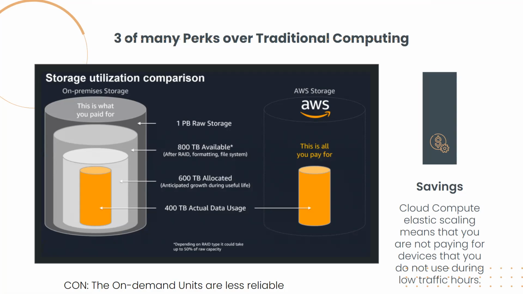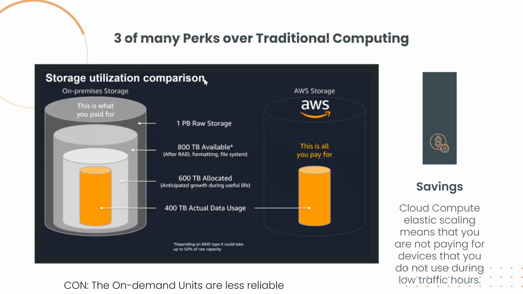You may have to pay higher prices in high usage hours for using AWS, but this is a small con considering the fact that even with these high prices during high demand hours, you're still paying a lot less than you would pay in a traditional computing sense, because you're only paying those higher rates when there is high demand, as opposed to a traditional system where you're paying a flat rate even when you're seeing very low demand for your service.